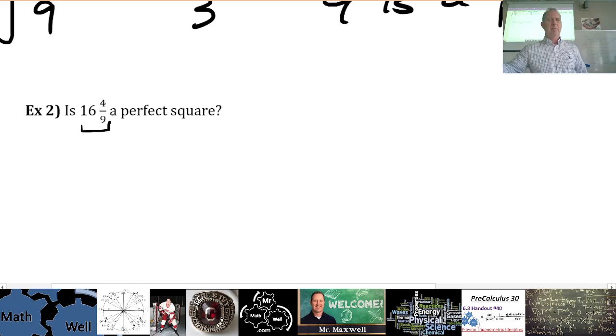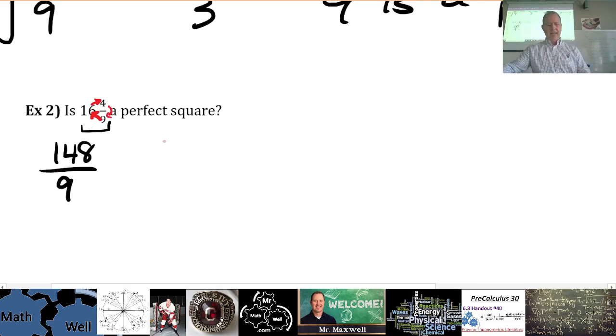So what's 16 times 9? Well, let's see, 9 times 10 is 90, 9 times 6 is 54. So is that 144? Yeah. 144 plus 4 is 148 over 9. So that's what this is as a mixed fraction turned into an improper fraction. So 9 times 16 plus 4, all over 9.